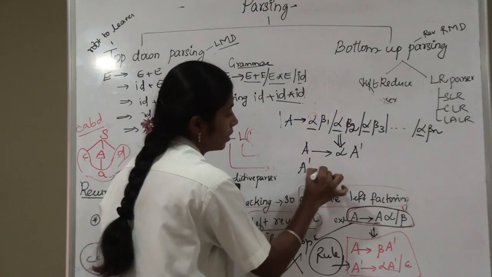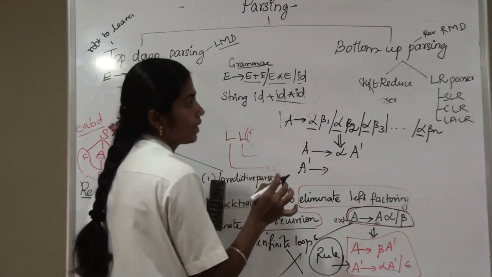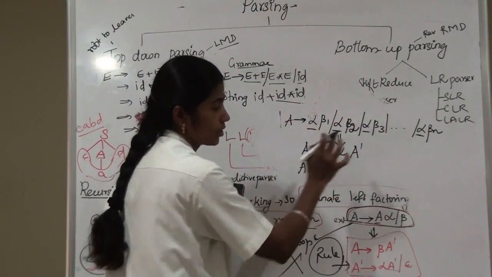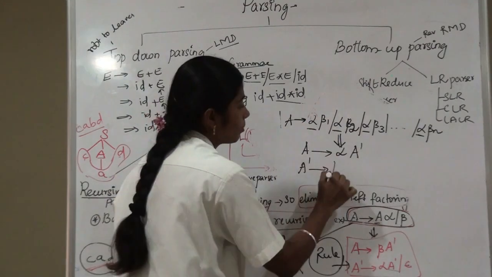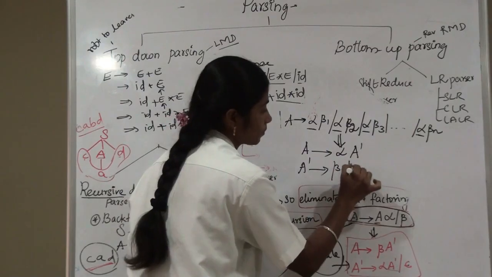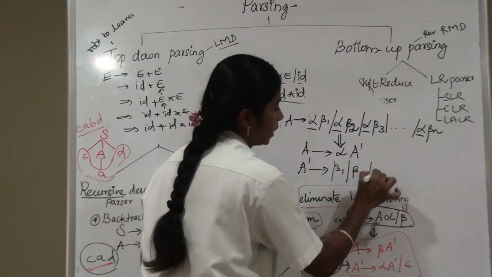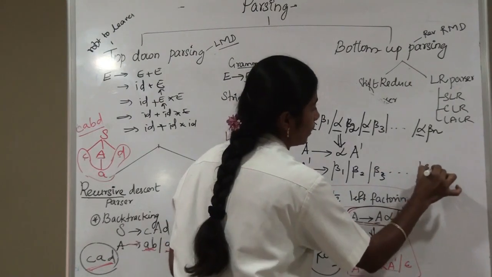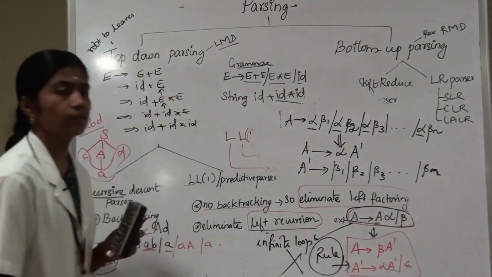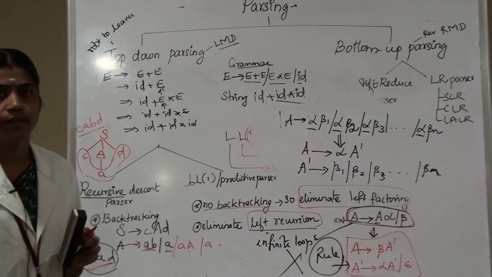Then A dash derives what is left out. Alpha we have included, and the left out parts are beta 1, beta 2. So make all these alternatives in A dash: beta 1, beta 2, beta 3, and so on up to beta n. This is the rule for eliminating left factoring.